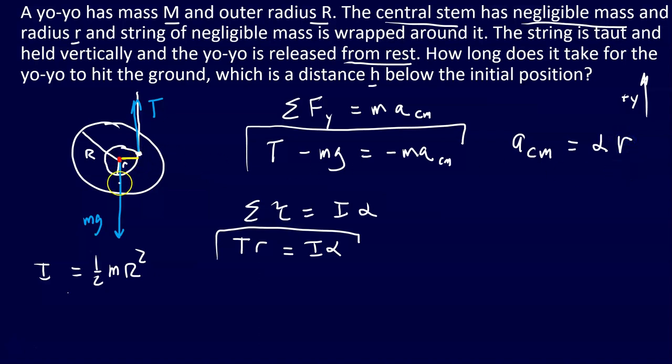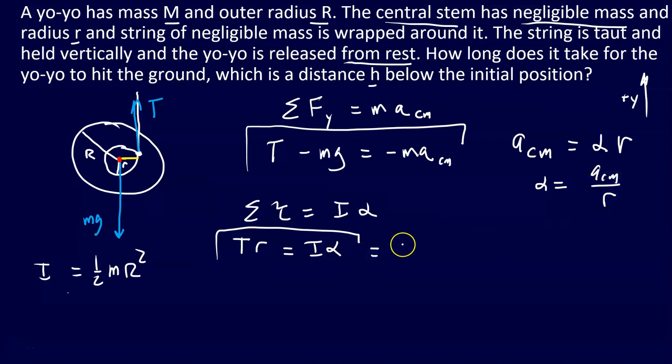Basically, we can relate it the way we did for rolling without slipping. So we can say angular acceleration equals acceleration of center of mass over that r, and put it in here.